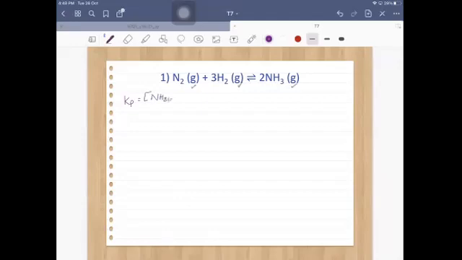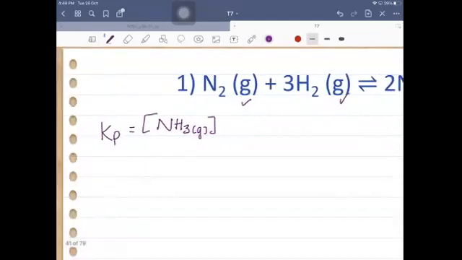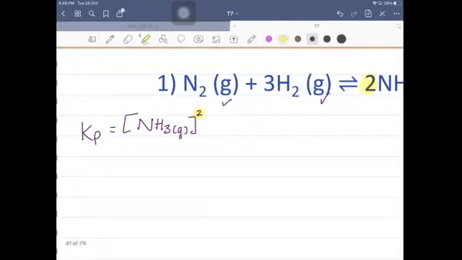For the concentration, you must include the square bracket. If you don't write down the square bracket, it doesn't mean anything. The square bracket indicates it is the concentration of NH3 raised to the power of 2 because that is the mole ratio. That's the only product that I have, over the reactants.